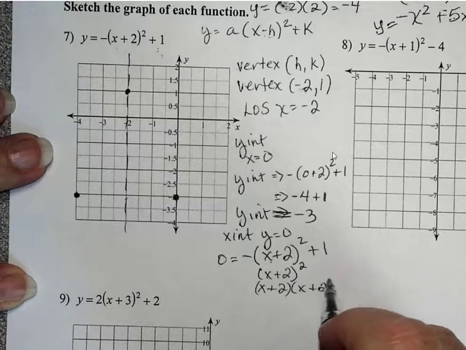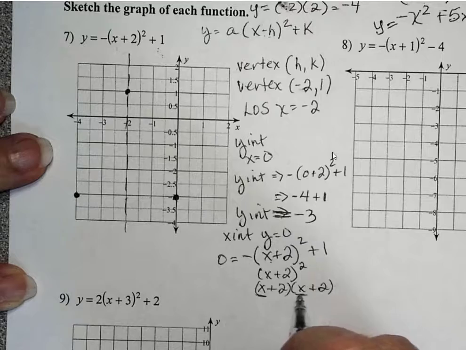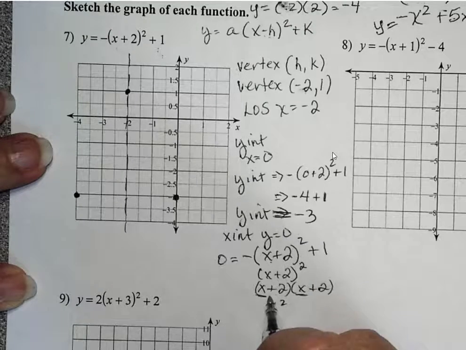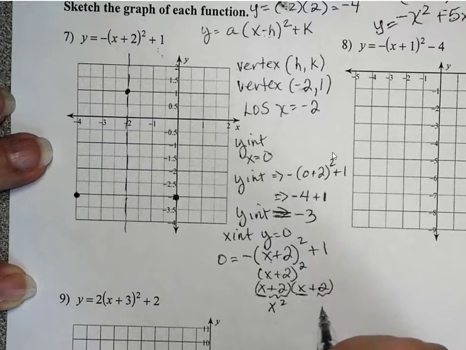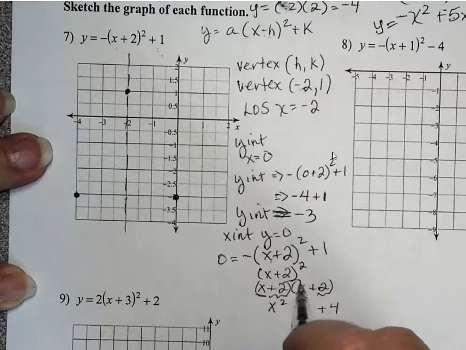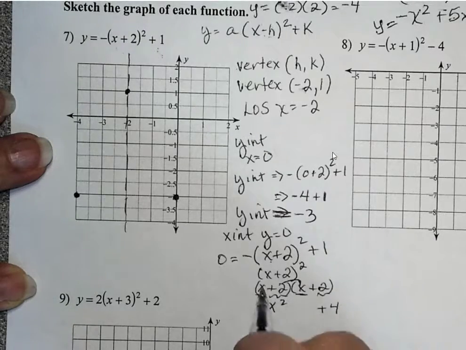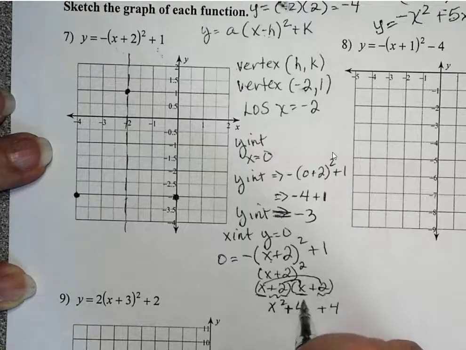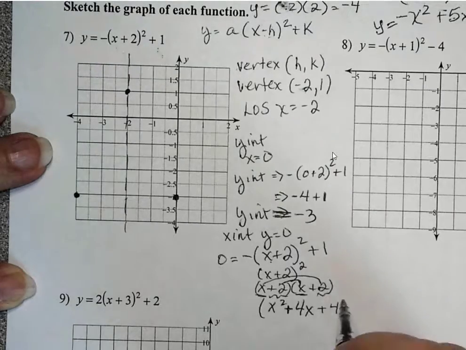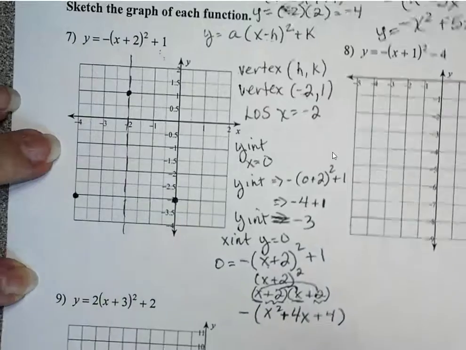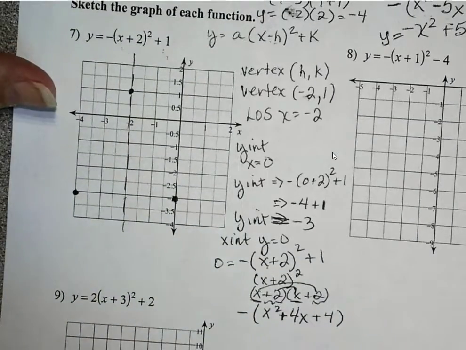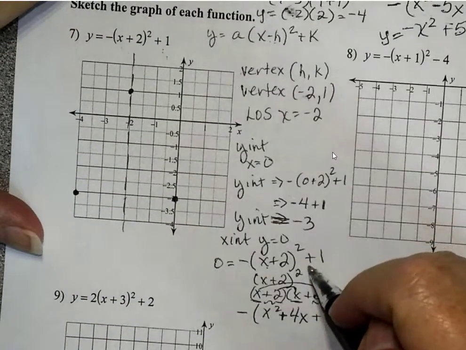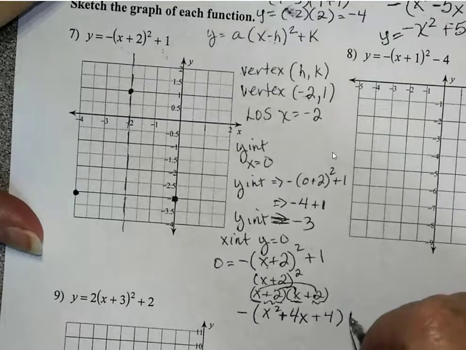So I have this times this, and I have this times this, and then I'm going to have a 2x from that, and a 2x from that. So adding those together, I have a 4x. But I'm supposed to take the opposite of that. And don't forget that you have to bring that plus 1 down.